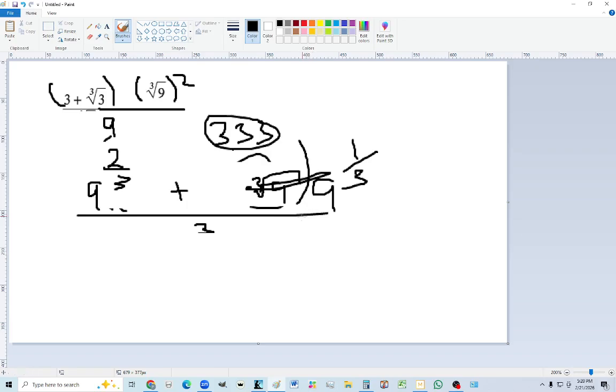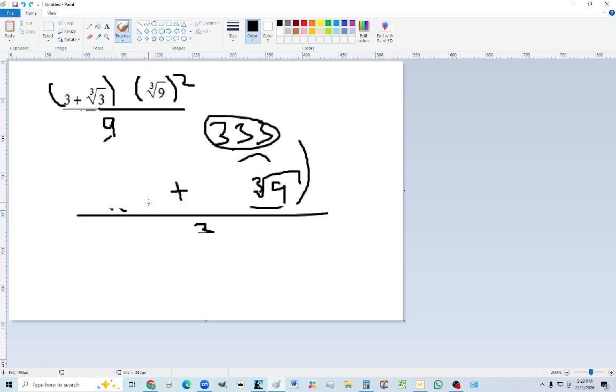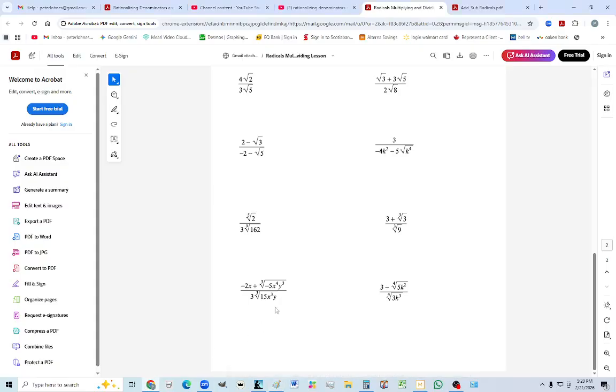Which I believe you can add them because it's the same base. No, you can't. It's not multiplying, it's adding. Over 3. Yeah, that's as simplified as it gets. That's kind of a crazy, weird one. Is he trying to make it tricky? That's a bizarre one. So yeah, it's very annoying when you see the cube root.